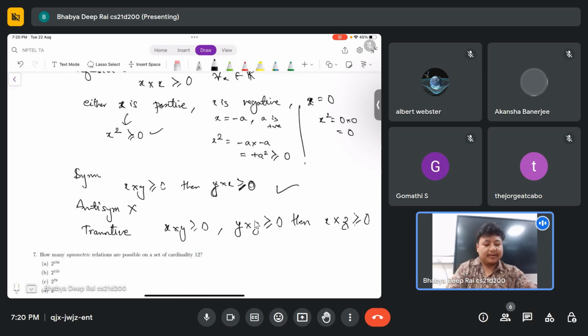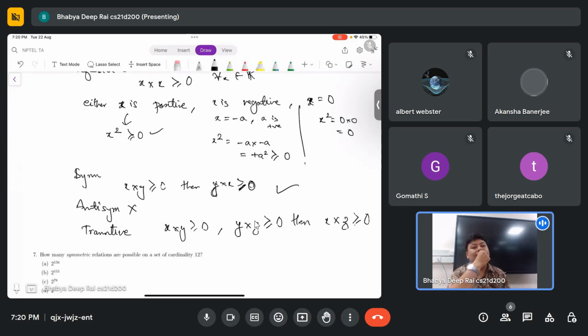That is the question we want to ask. Okay, 1 minute. So x times y is greater than or equal to 0, y times z is greater than or equal to 0, then is it true that x times z is greater than or equal to 0?